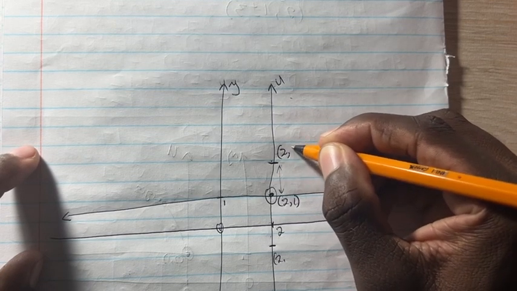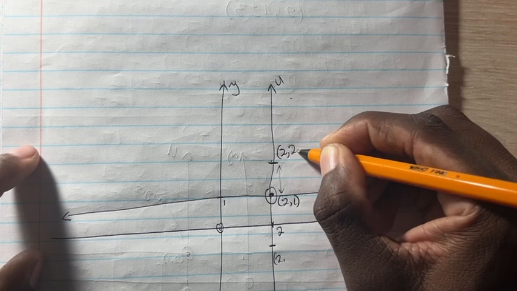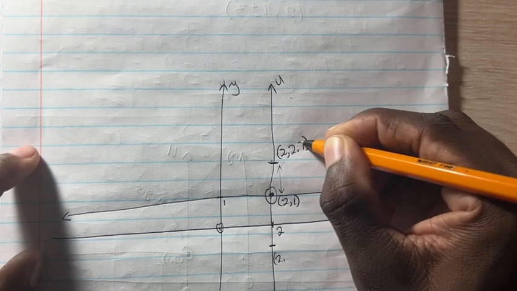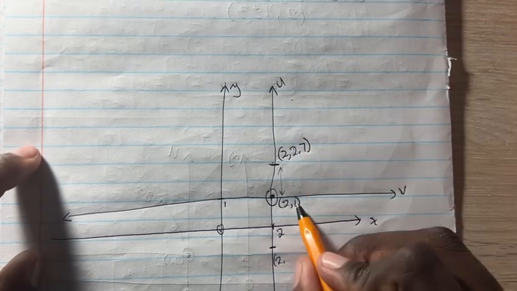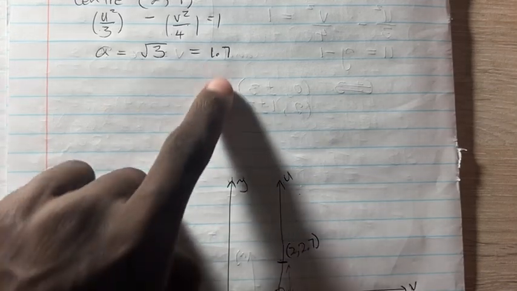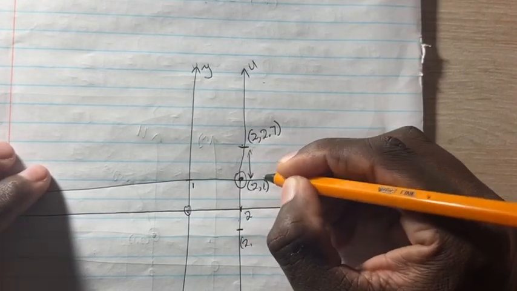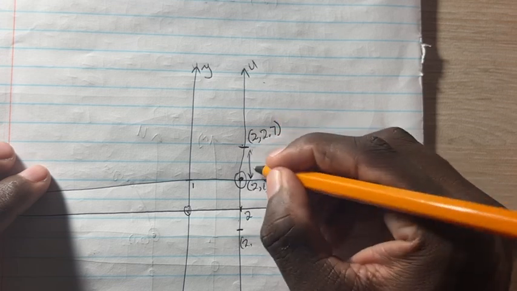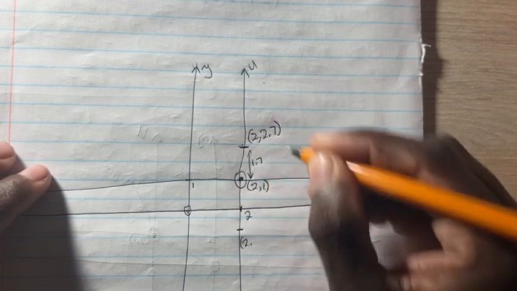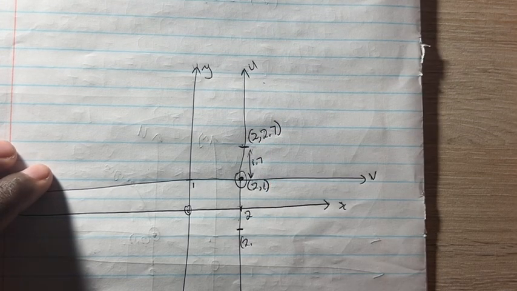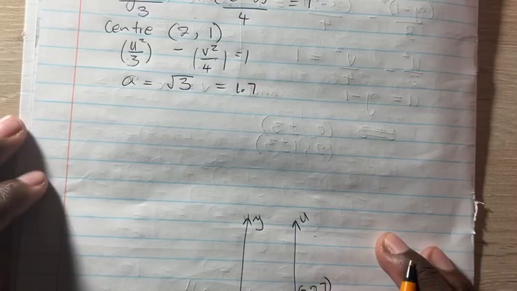The answer becomes 2,7. This distance right here, don't write this distance like this, but it's 1,7. It's a. It's the value of a.